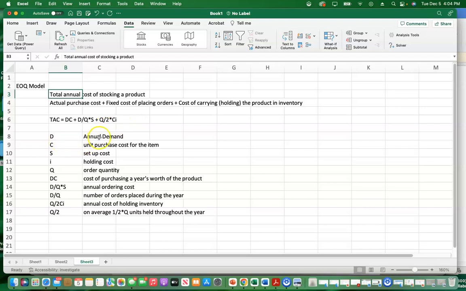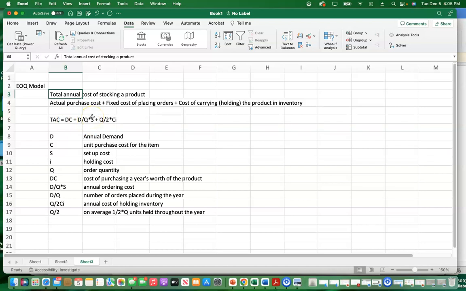D is the annual demand, C is the unit purchase cost for the item, S is the setup cost, and I is the holding cost rate. Then Q is the order quantity. DC, as I have said, is the cost of purchasing a year's worth of the product.